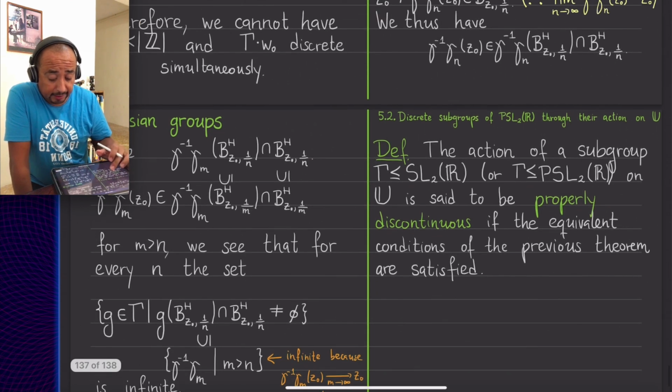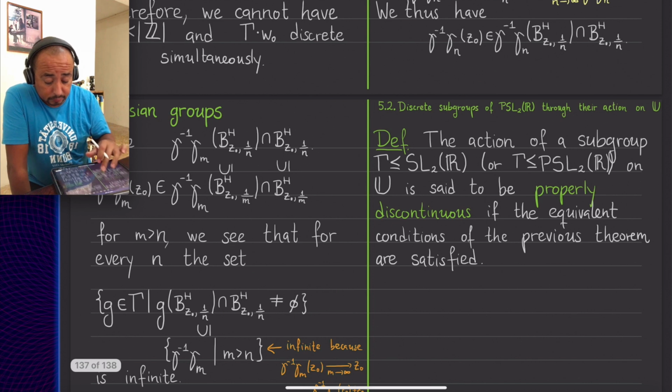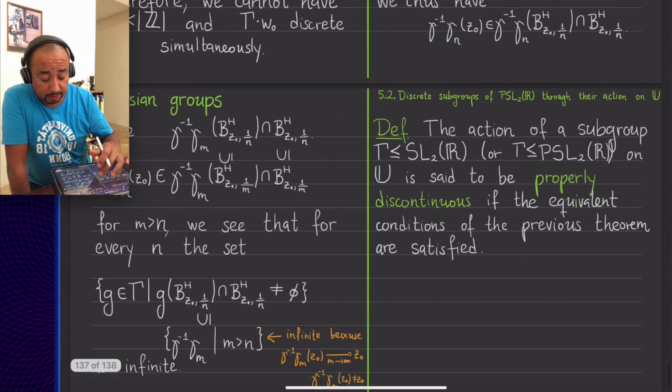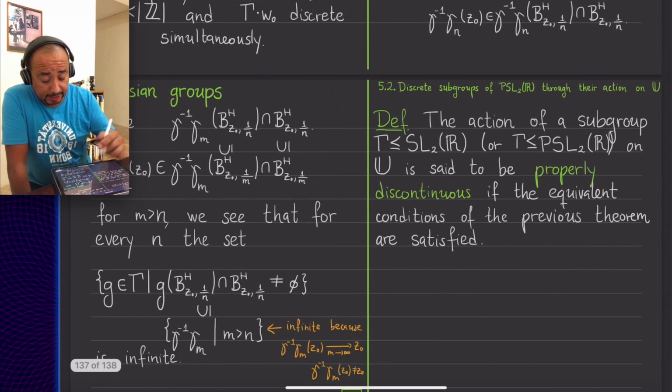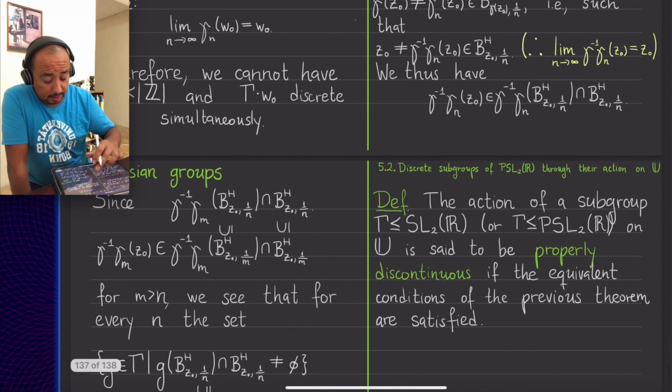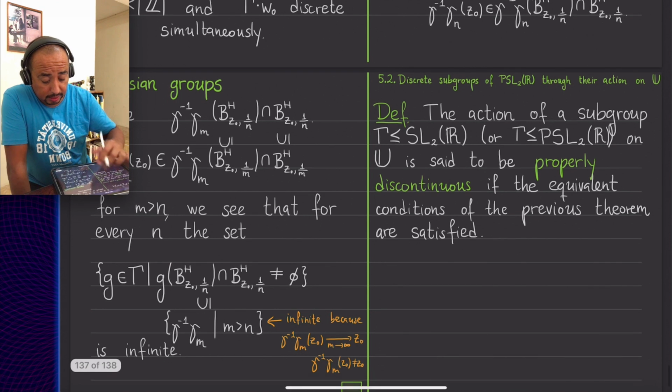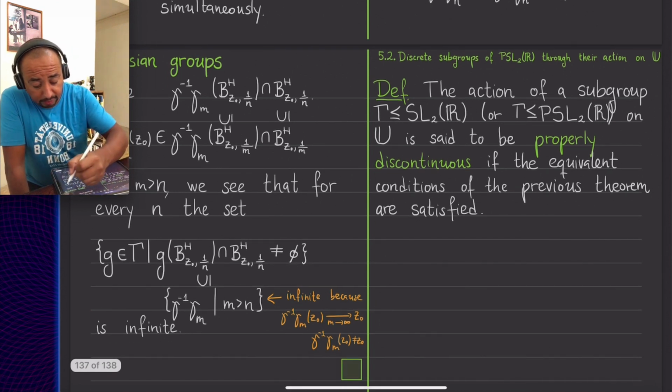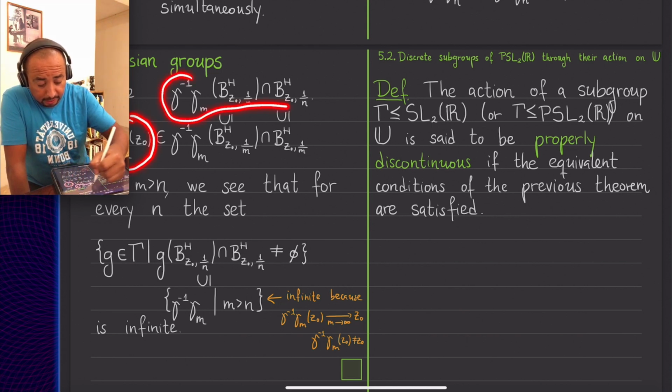Okay, but in any case, what I see is that when I consider this element for m greater than n, this element has the property that the image of Z0 under it belongs here. Right?